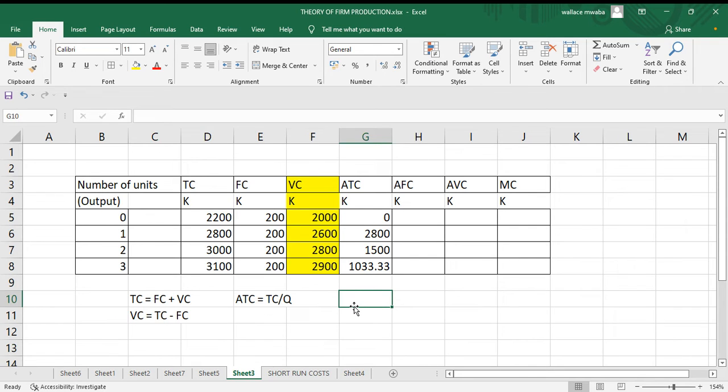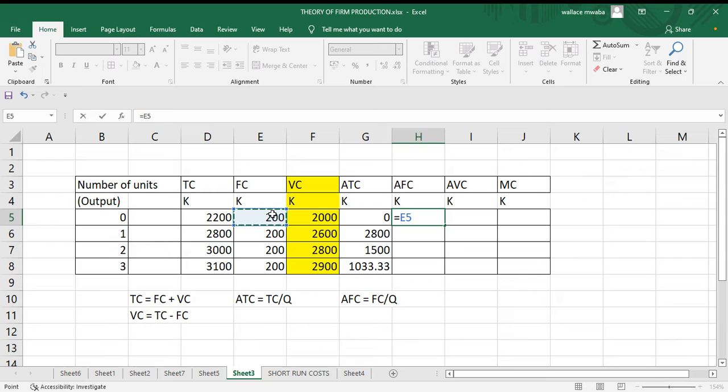Now we have to find our average fixed cost. AFC equals FC over Q. Whenever we talk about averages, we just talk about how much does it cost to produce one unit. These average costs are also called the per unit costs. So average fixed cost is going to be the fixed cost divided by output, which is 0.